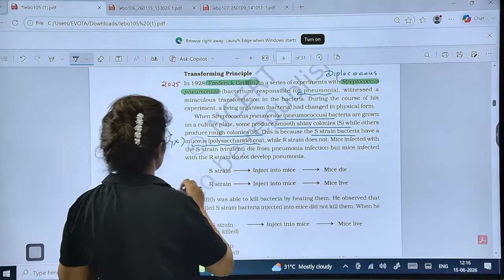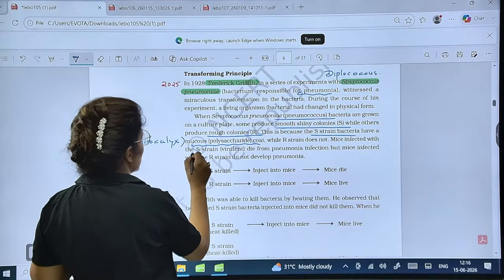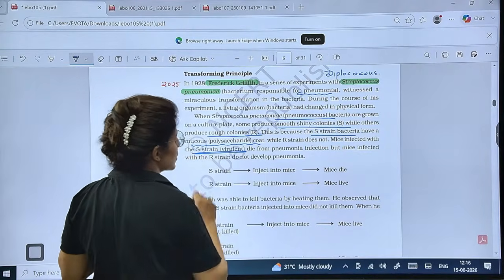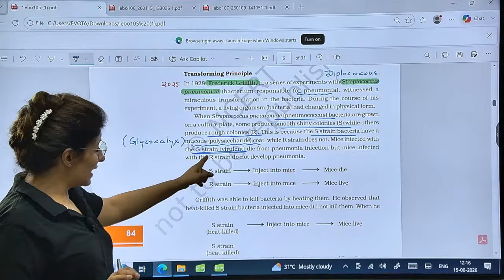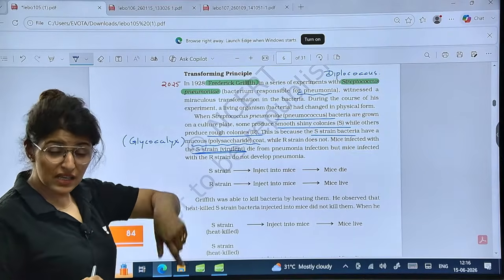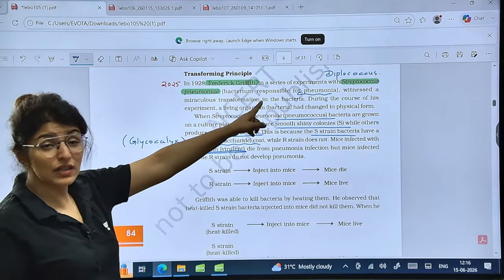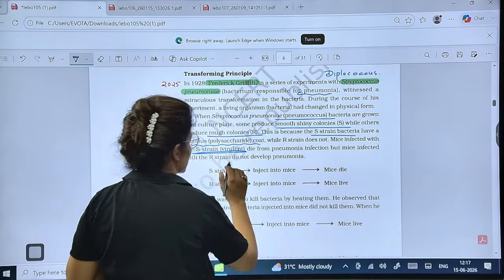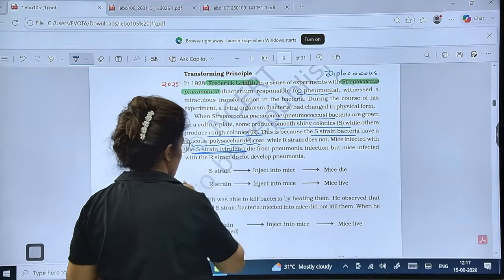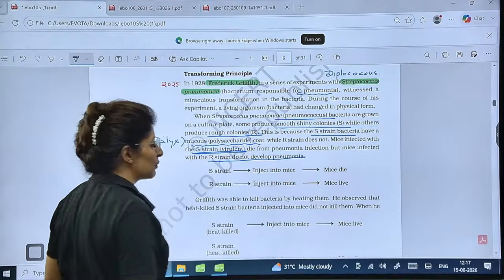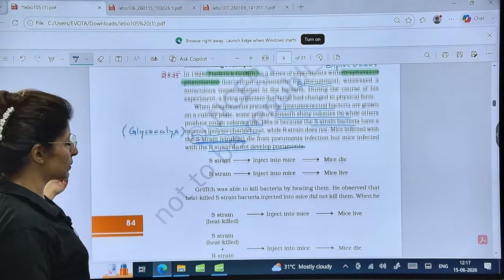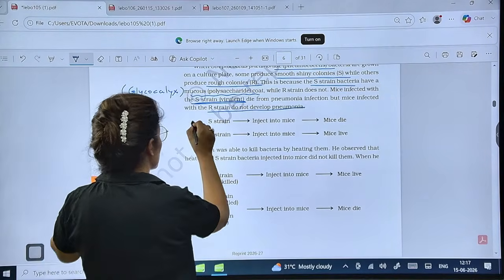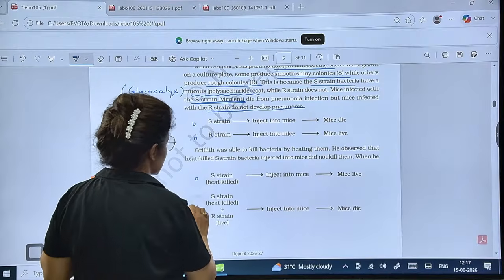R doesn't have it. Now the S strain is virulent, so the S strain bacteria will cause the disease, right? If a mouse is infected with this, it will die because of the S strain. The R strain does not develop pneumonia, so the mouse will live. Now these 4 points are very, very important in these experiments.